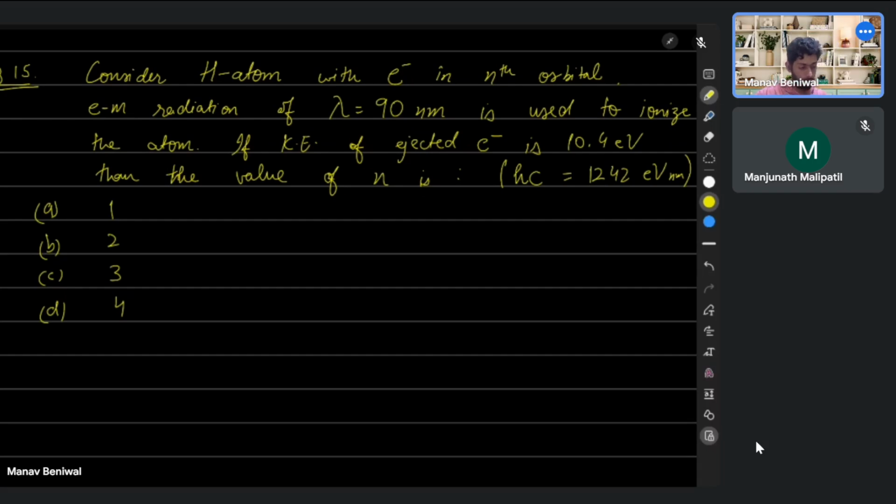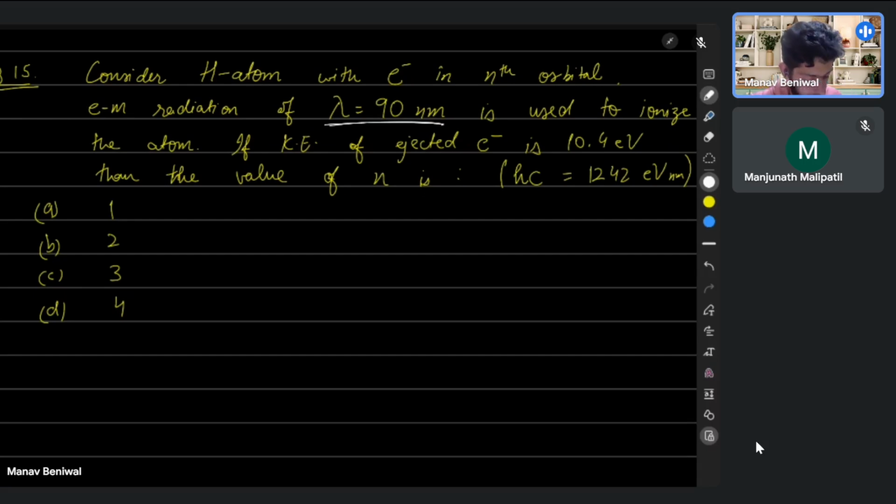Alright, so let us start solving. First of all, we are given the wavelength of the incident X-rays. So this is the electromagnetic radiation. The wavelength is 90 nanometers.